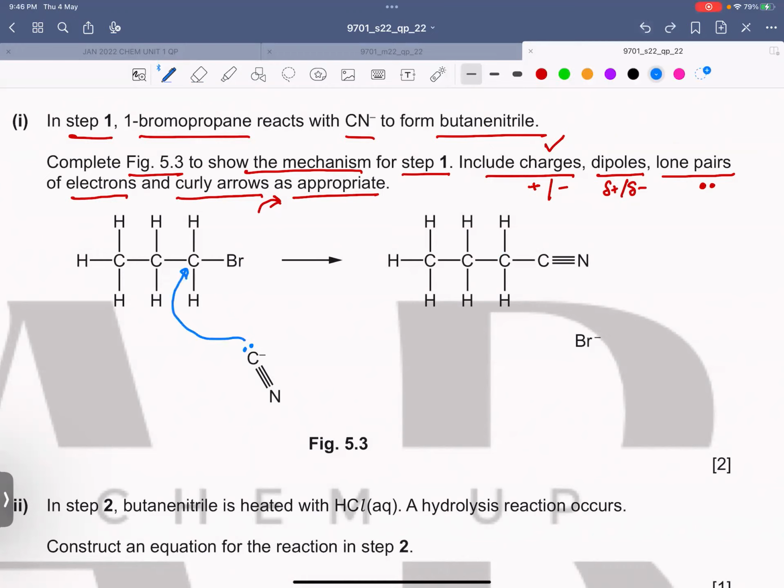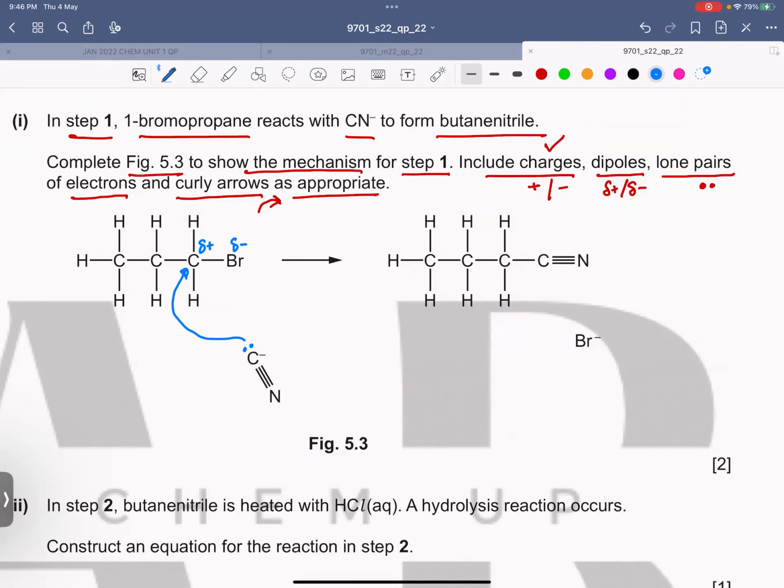That's why you have to make a curly arrow over here. And as this carbon is bonded to a bromine, which is an electronegative element, that makes a dipole over here. This carbon must be partial positive and this bromine must be partial negative. Is this understandable to everyone? Yes.